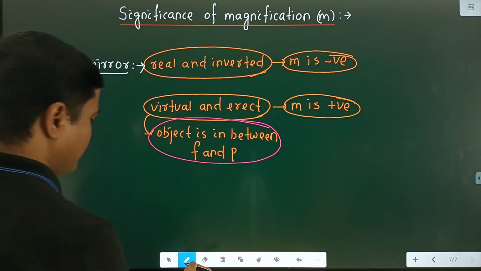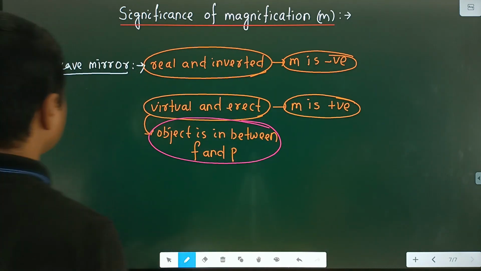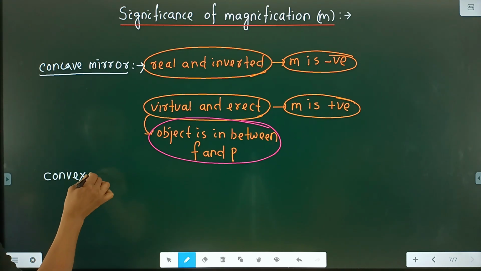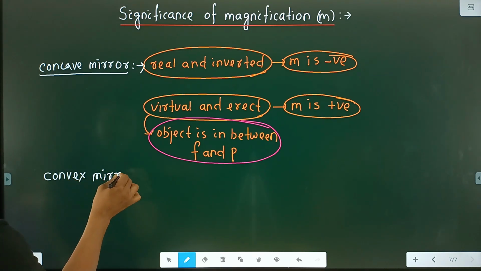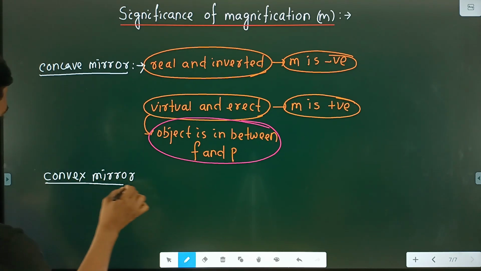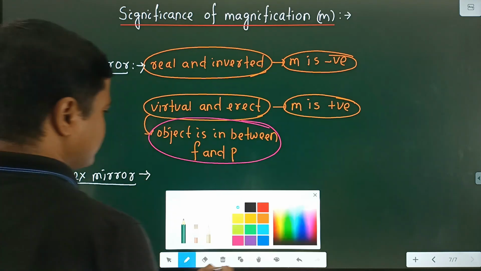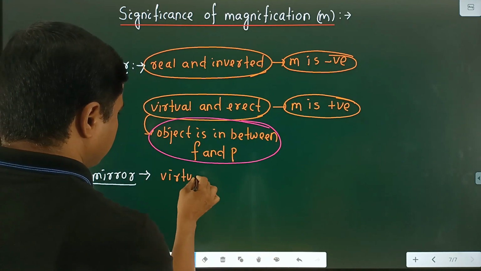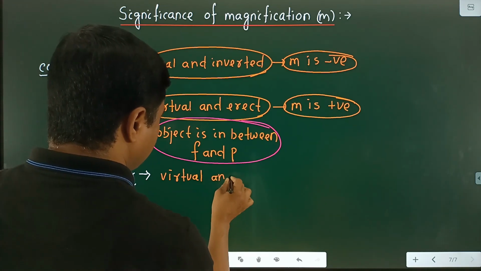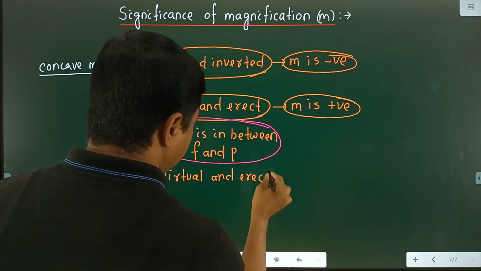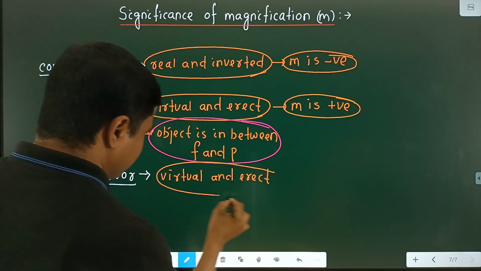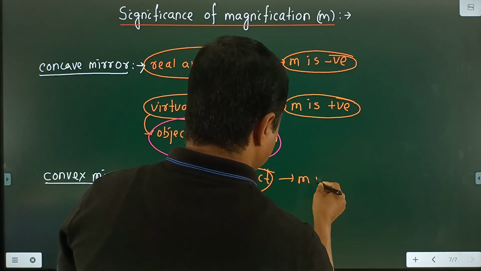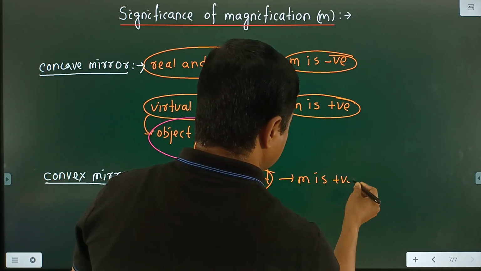And you know, in case of the convex mirror, always a virtual and erect image is formed, so magnification m is always positive.